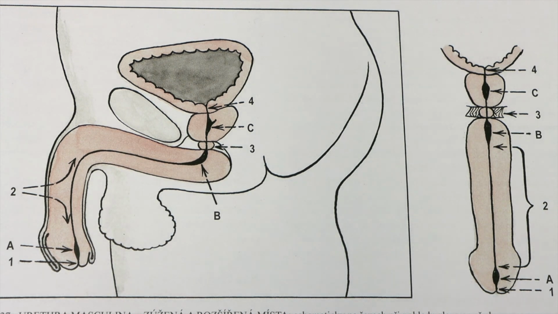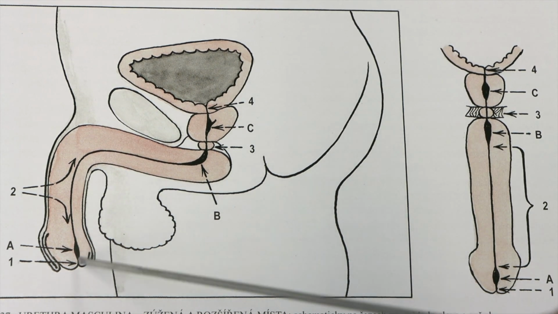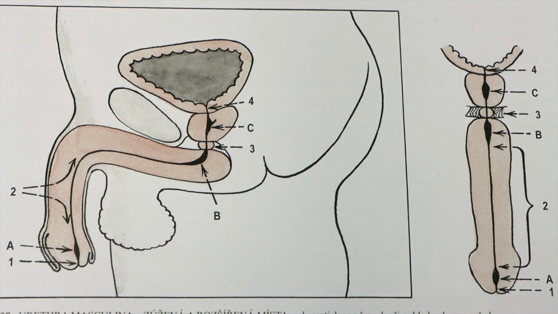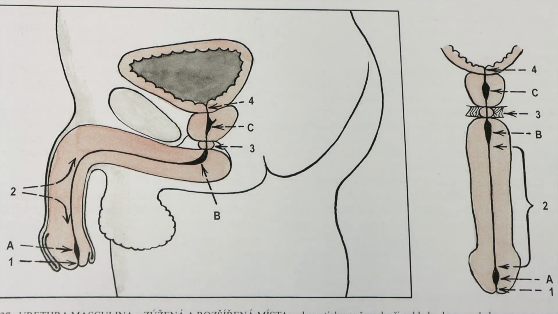Of course it is variable, but the average length of the urethra from the internal urethral orifice to the external urethral orifice is approximately 20 to 22 centimeters. During its pathway, the male urethra has in some places widening parts, and in some places the urethra becomes very narrow.